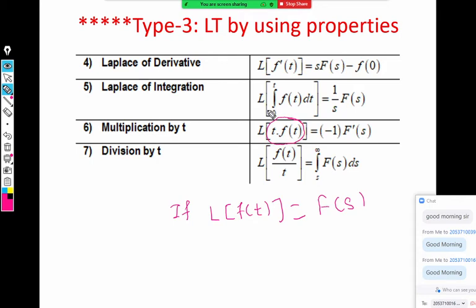Laplace of t into f of t is minus F dash, and there is no need to calculate it separately by definition. Similarly, Laplace of f of t upon t, that is the division by t, is the integral from s to infinity of F of s ds.